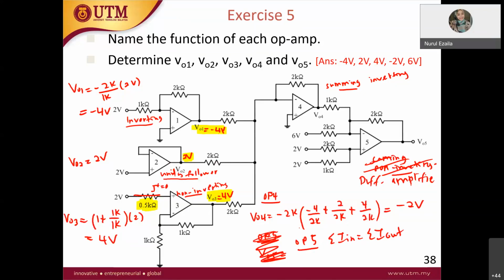So in this case, you have currents. For example, I take a different color here. I take this as I1, and then I take this as I feedback, and then this is I2.